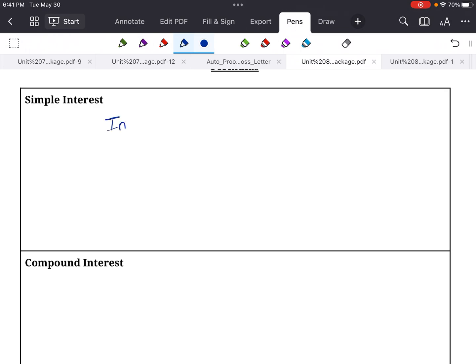So the formulas in simple interest, there are two formulas that we want to look at if you are trying to find how much interest is made. We're going to be using the formula I equals PRT. What do these stand for? I is the interest made.